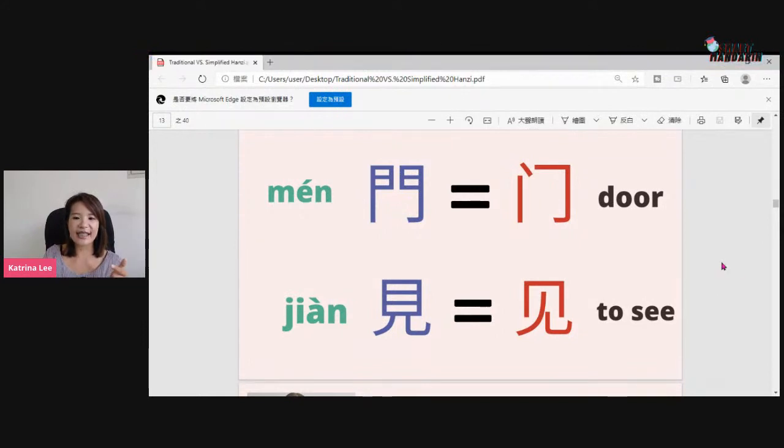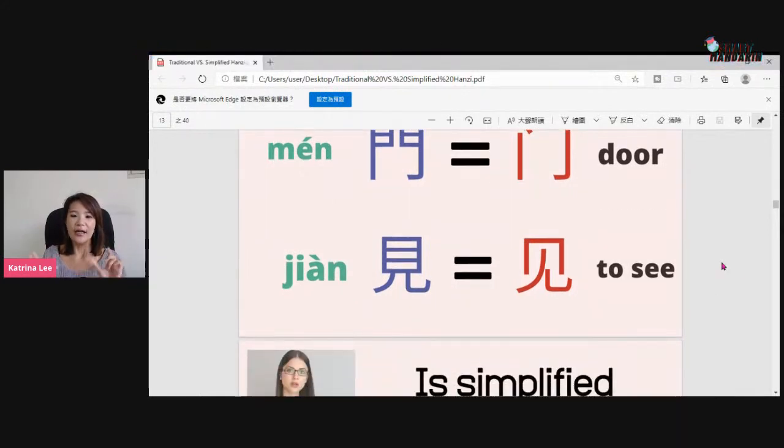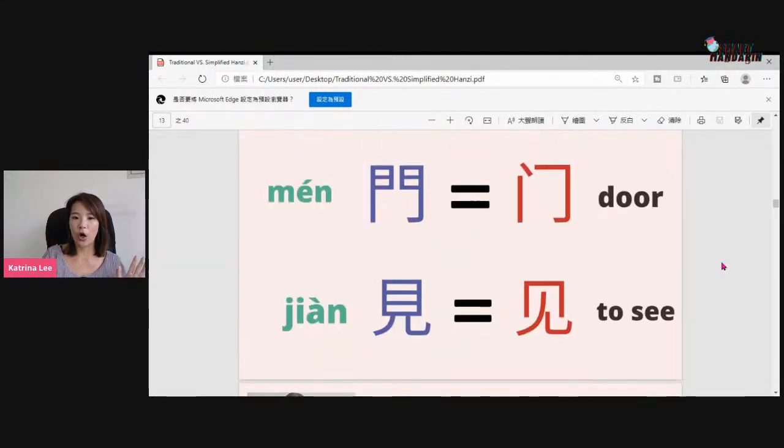And the other one is 见, meaning to see. The upper component means the eyes, mu, but in the simplified character they changed that totally into two strokes. So yeah, just showing you how they change from traditional to simplified.